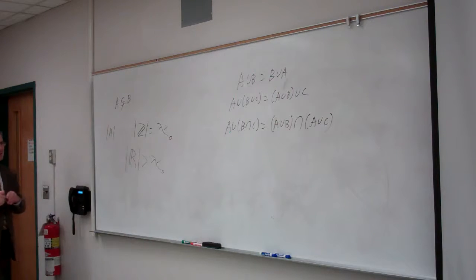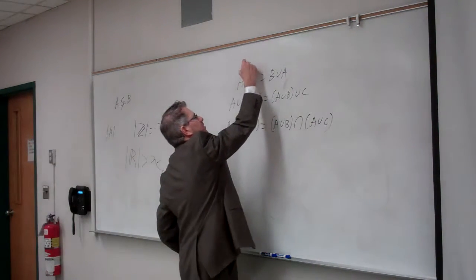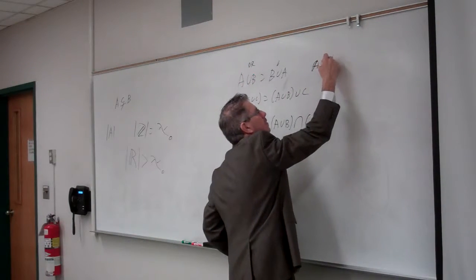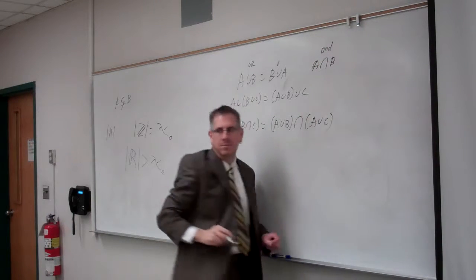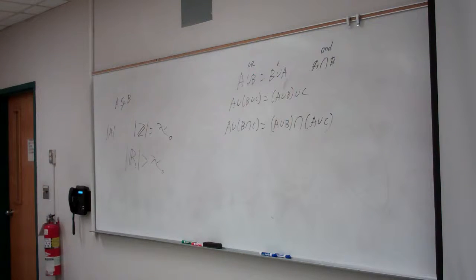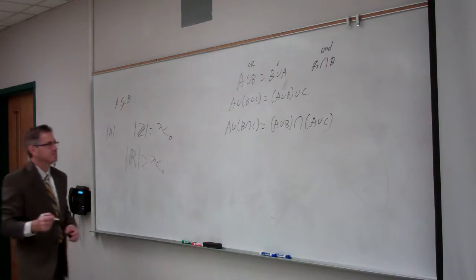And these look a lot like what we saw for ands and ors. And this basically becomes an or, and this becomes an and. And there's the De Morgan's laws where we take complements and so on and so forth.